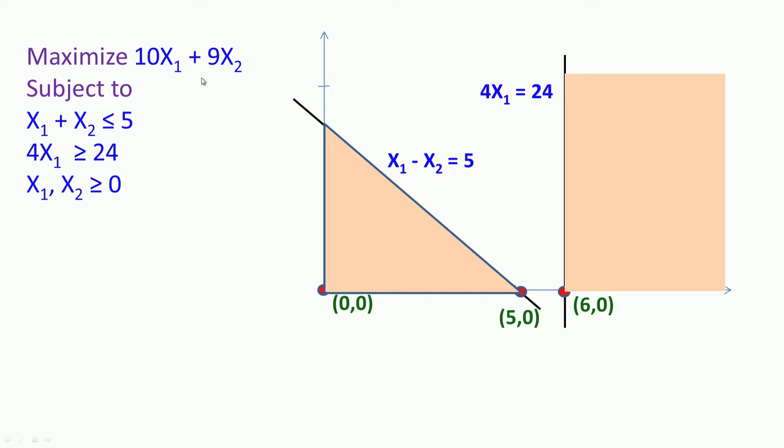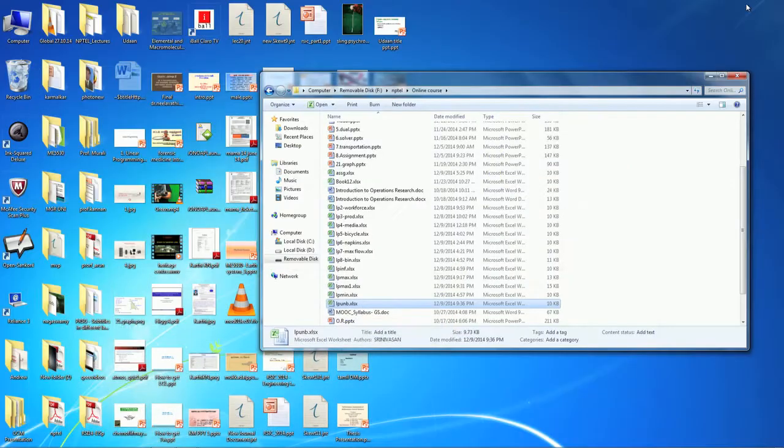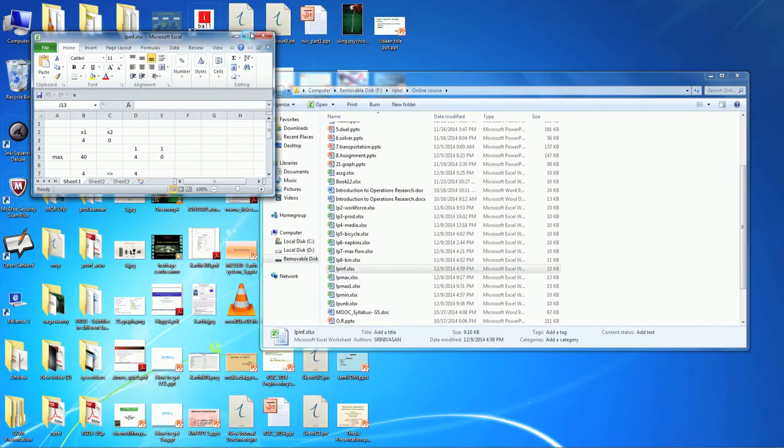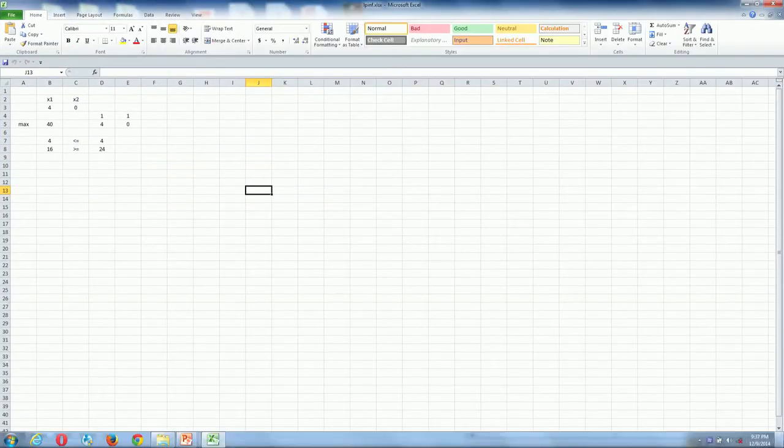So, maximize 10x1 plus 9x2 subject to x1 plus x2 less than or equal to 5 and 4x1 greater than or equal to 24.